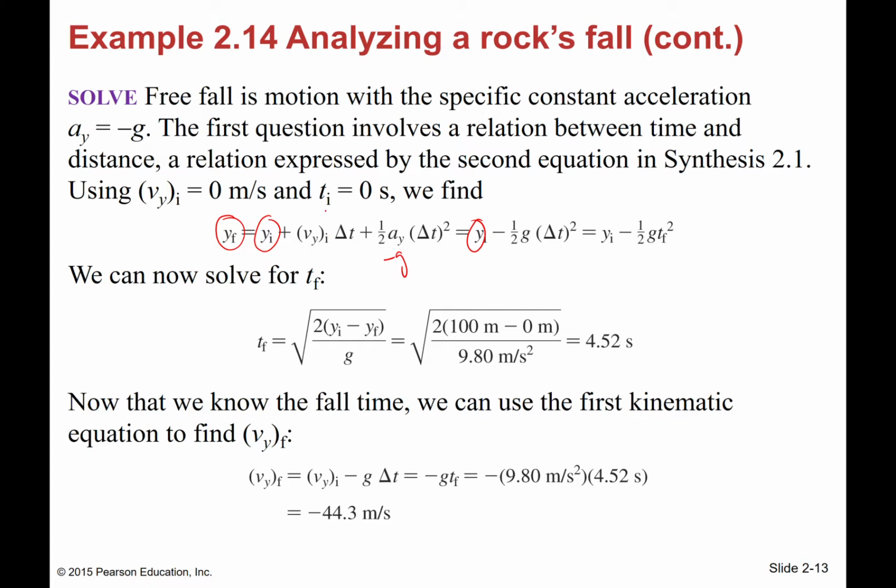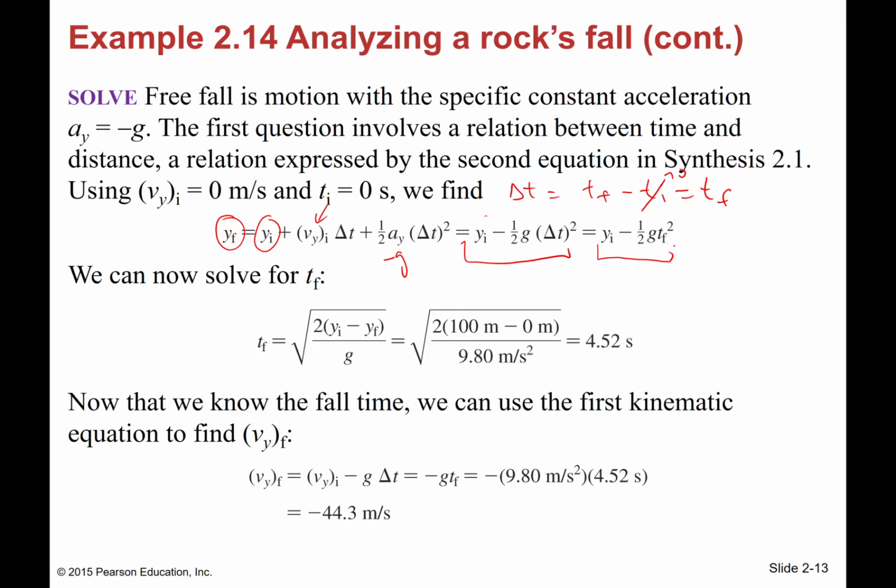The initial velocity term is 0, so this is all I'm left with. And tf minus ti, which is delta t, is equal to tf, because we chose ti to be 0, right? So that is our equation now.